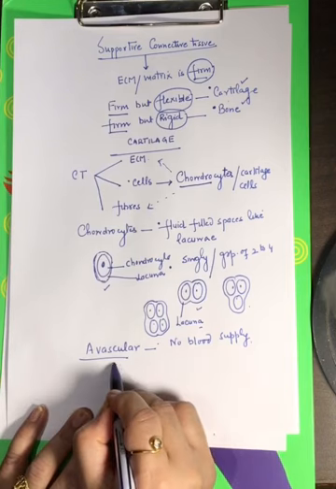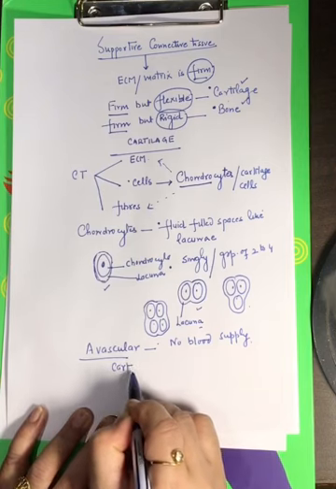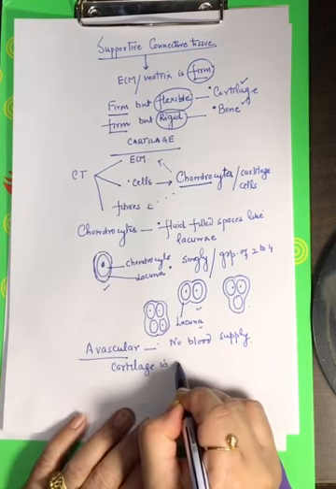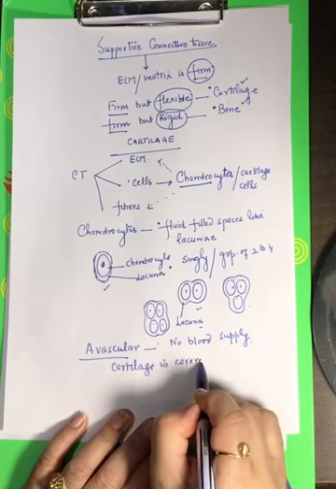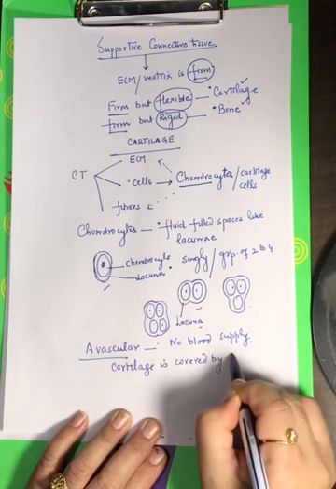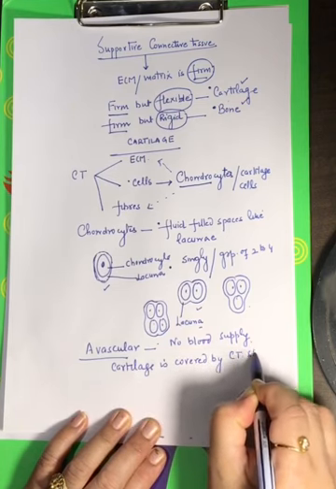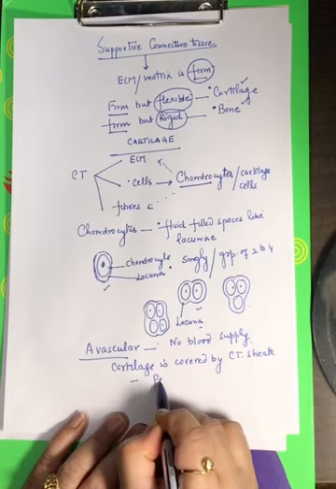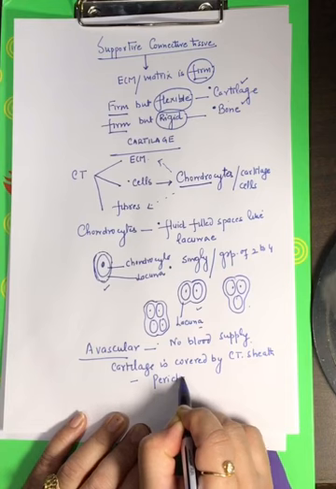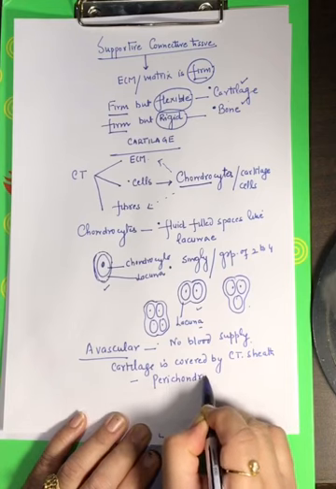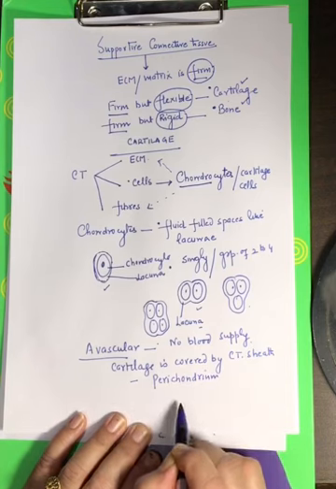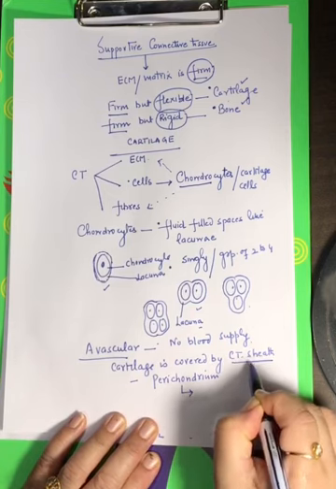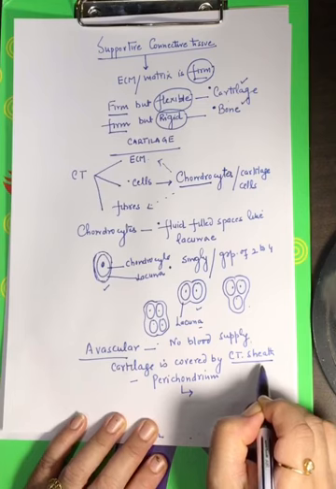The cartilage is covered by a connective tissue sheath called perichondrium. This connective tissue sheath is irregular dense connective tissue.